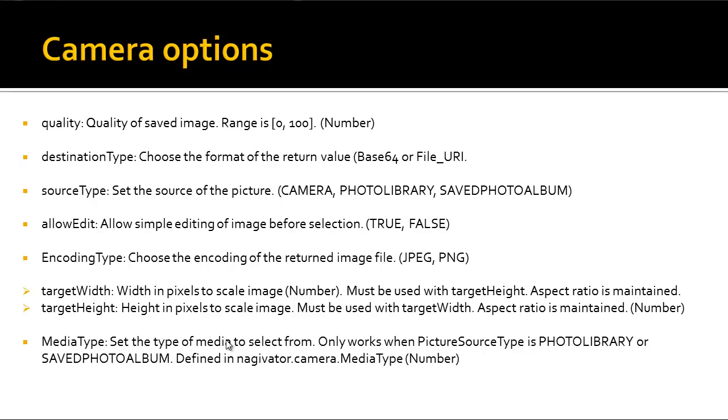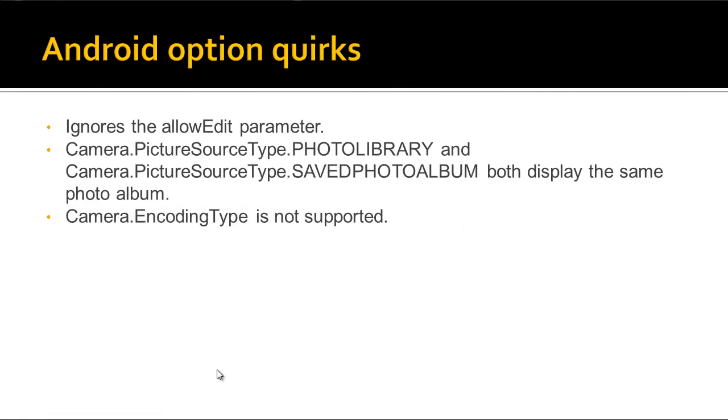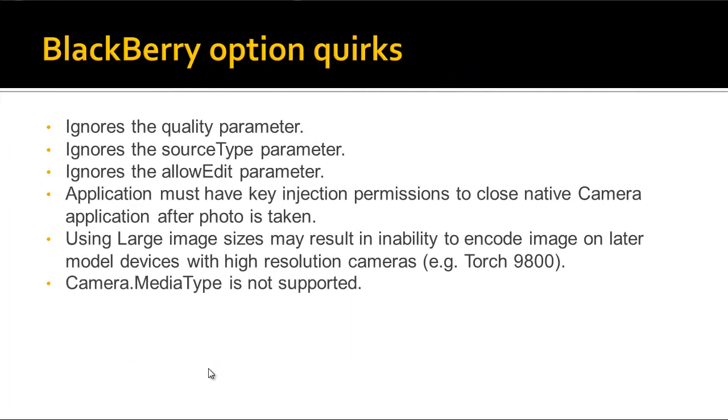So if your source type parameter is not set to photo library or saved photo album, which on the BlackBerry it can't be because it's not supported on the BlackBerry platform, then obviously this media type parameter is not going to work. So that's unfortunate. Also, the application must have key injection permissions to close the native application after the photo has been taken, so there are a few permissions that we have to put in.